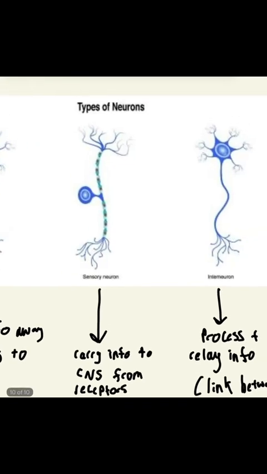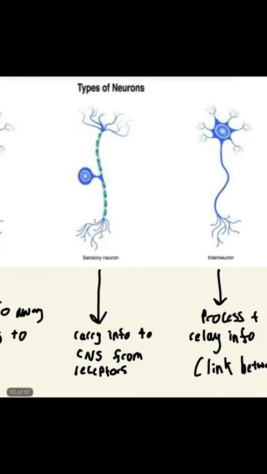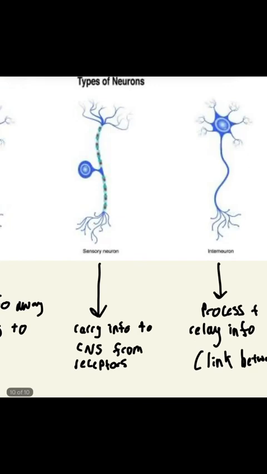And then if we look at sensory neurons, they carry the information to the central nervous system. So these will be the neurons that detect or sense the information, and that is from the receptors that we went over as well. So things like pain, temperature, and pressure. These receptors will detect it.